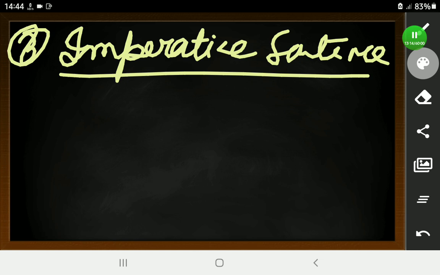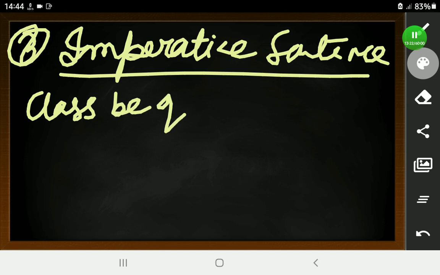For example, suppose, class, be quiet. Now this is an example of an imperative sentence because it is commanding the class to be quiet. The teacher is not mentioned here. The teacher is asking the class to keep quiet. So this is a perfect example of a command, which is an imperative sentence.